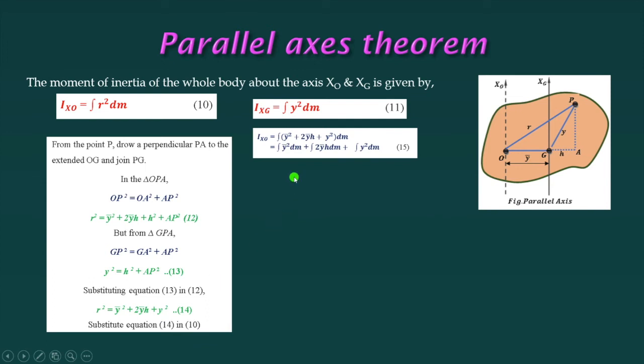Now use this for IxG. Already we have derived the value of r square, so substitute it in equation 10 and we get y bar square dm plus 2 y bar h dm plus y square dm.